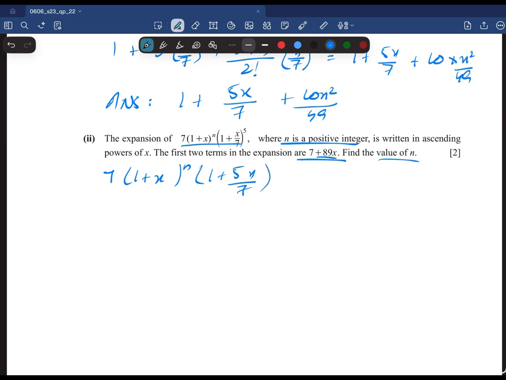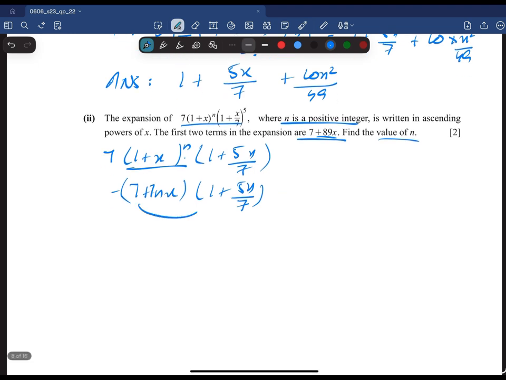Okay, yeah. Expanding this also till the x term, that will be 1 + nx, and yeah, we don't need to expand further. Alright, I'll just multiply 7 here as well.